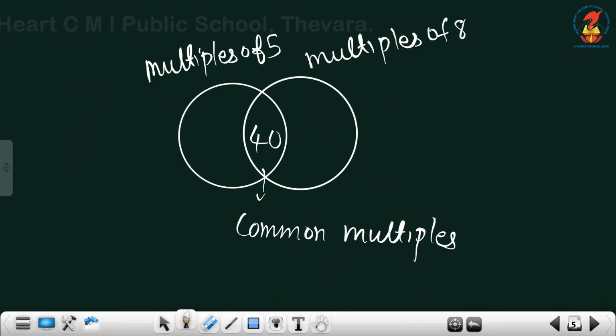Multiples of 5 and multiples of 8. Can you tell me the other multiples of 5? 5, 10, 15, 20, 25, 30, 35, 40. Then 45, 50 also, right? You can write 45 here and 50 here also.